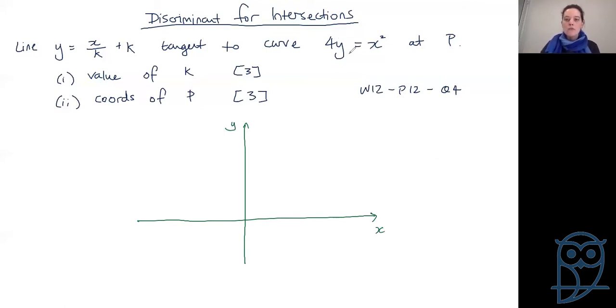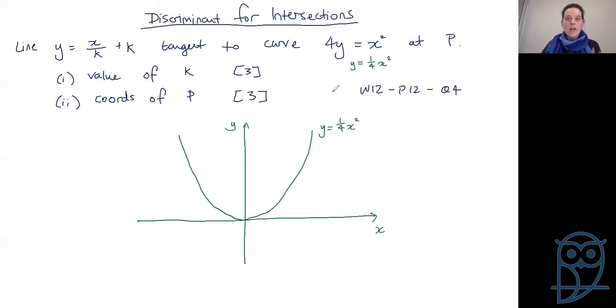Now, for y equals x squared over 4, this is y equals a quarter x squared. So we know we're just working with x squared and it's just a little bit different. So we can draw it like this: y equals a quarter x squared.